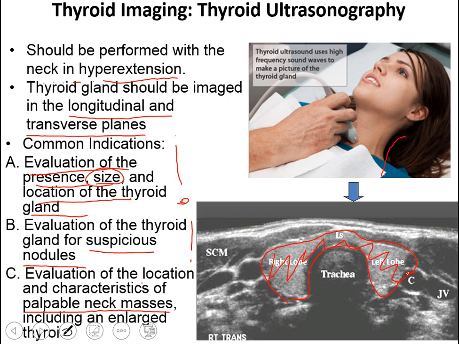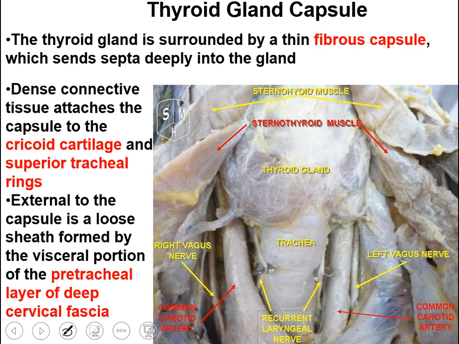But you should understand an important concept that ultrasound will not help you to answer the question about ability of the gland or nodule in the gland to trap iodine. So the functional activity of a tissue not so well can be evaluated by thyroid ultrasonography, or cannot be evaluated even, we can say.